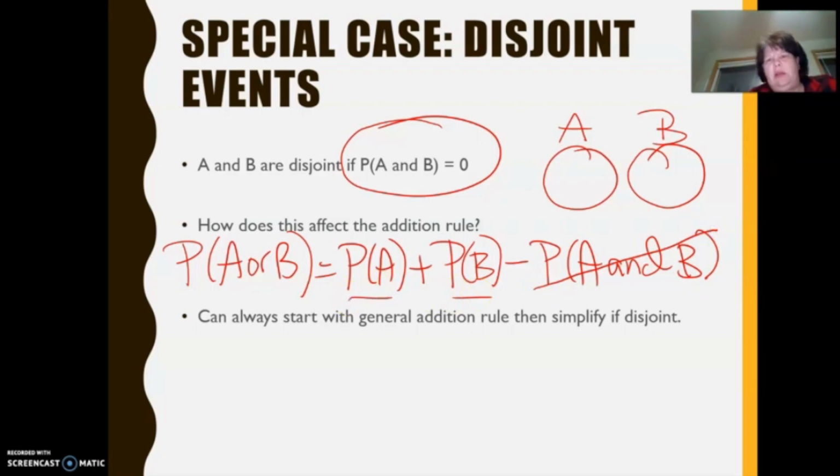That's only if they don't have any intersection. So you can always start with this rule, and then if they turn out to be disjoint, meaning completely separated, then you can use the smaller form of the formula. But one way to do it is just start with the general form and put a 0 here.